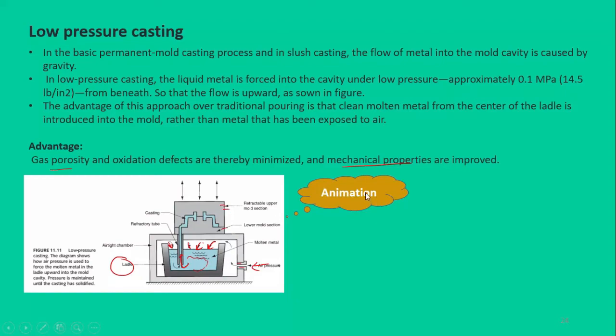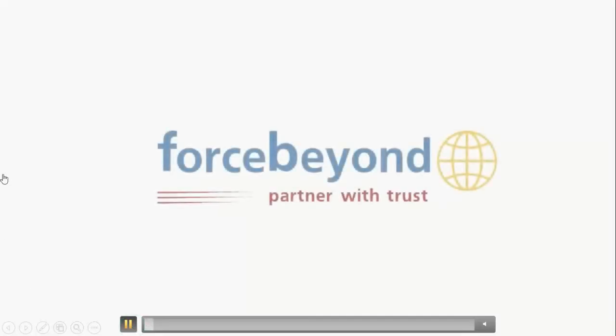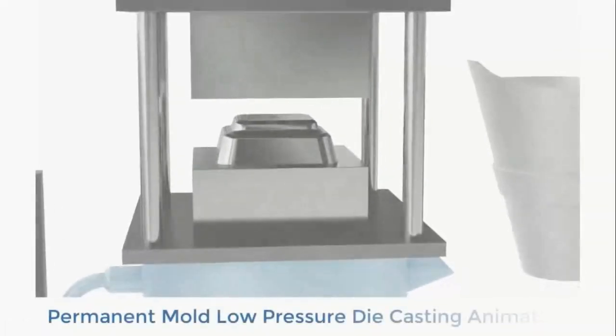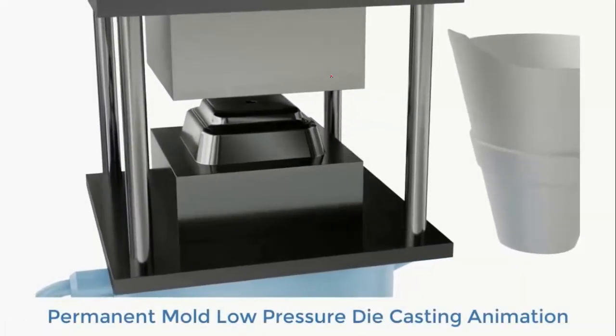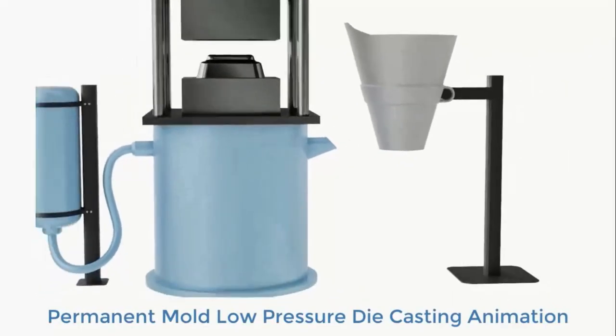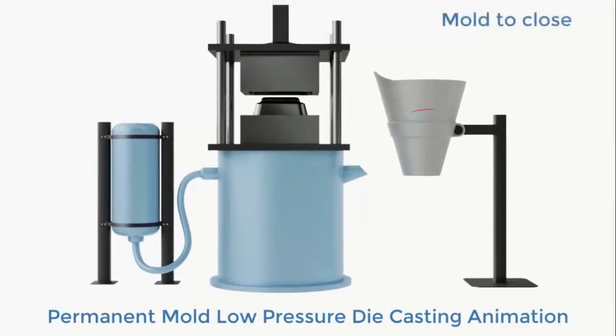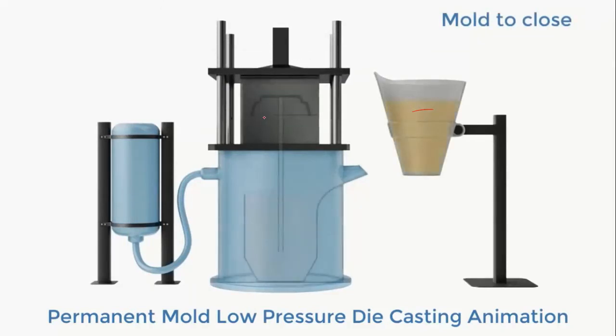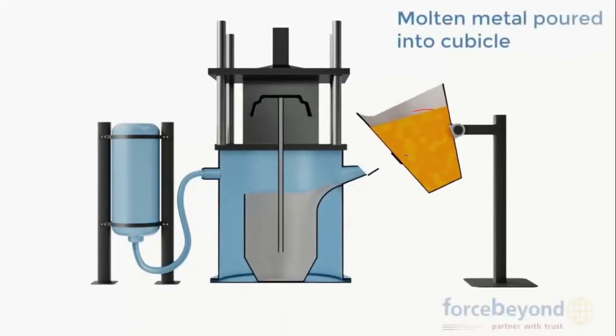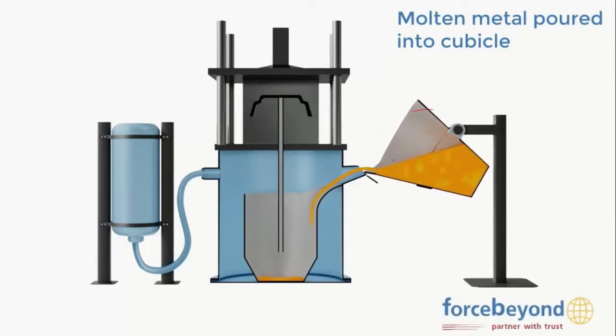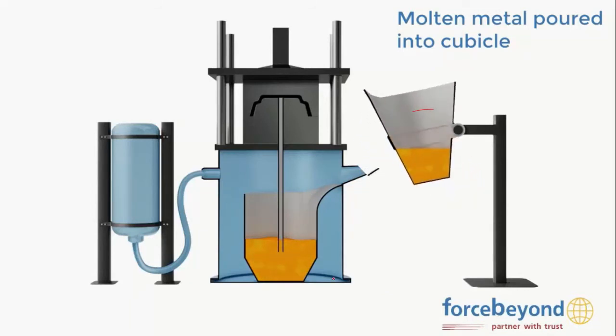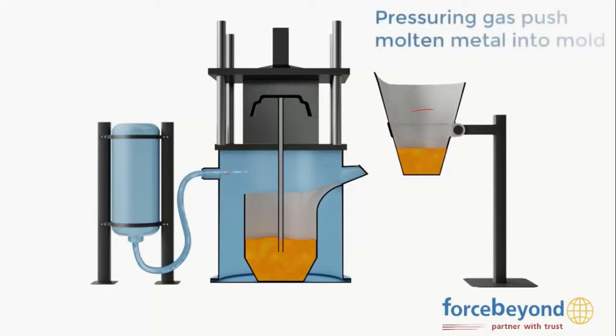If you go on to see, this is our die cavities, the lower and upper section. This one is a ladle here. We have closed the die, so one die is stationary, the other one is movable. We are simply pouring the molten material into another ladle. It is placed inside the airtight chamber with some air supply.